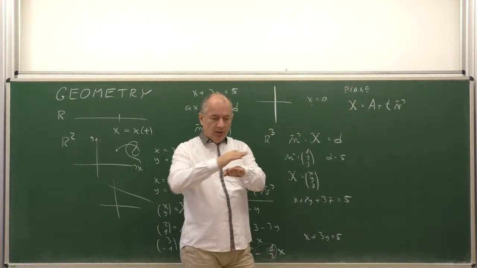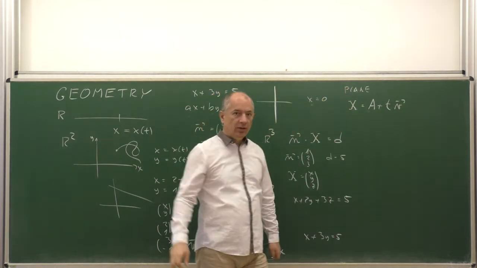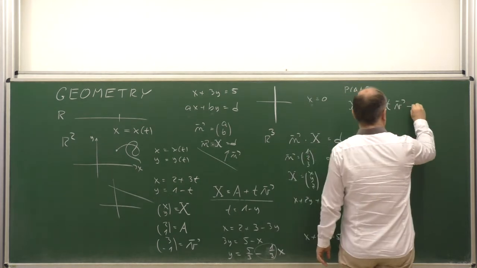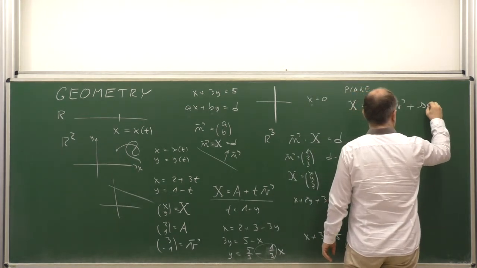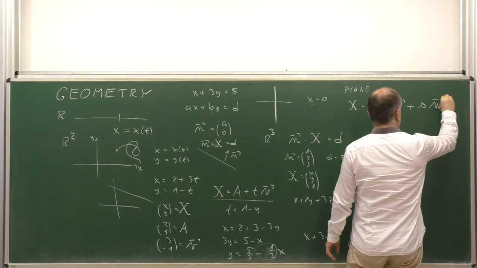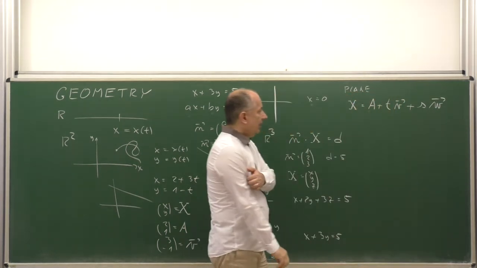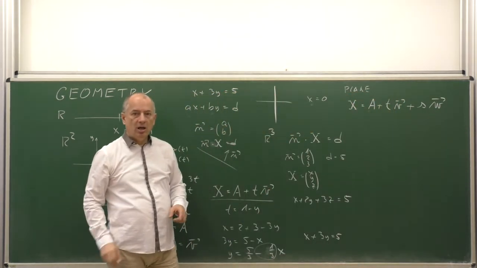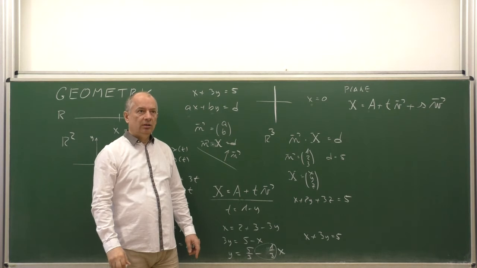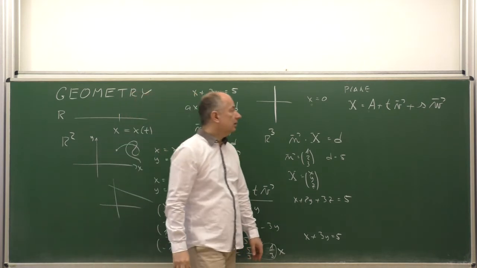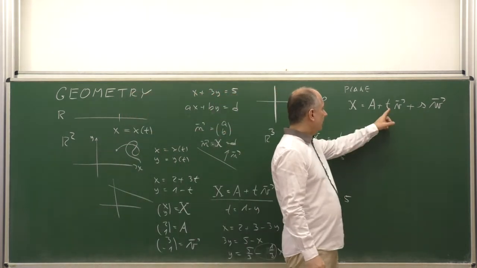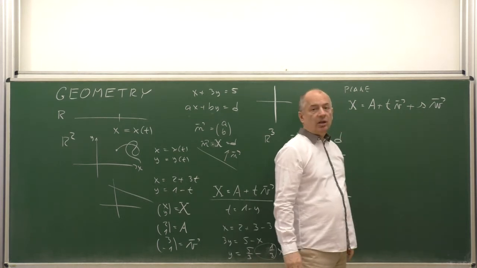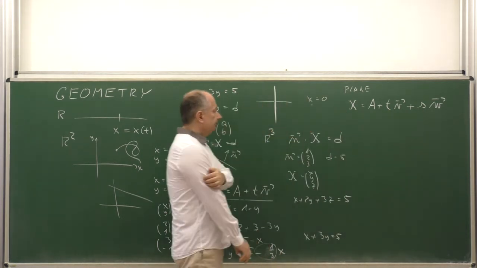But in a plane, we have more than one direction to move away. And this can be described by another vector, say s times w. Then v and w are two directional or tangent vectors in the plane, A is a point of the plane, and t and s are real parameters.